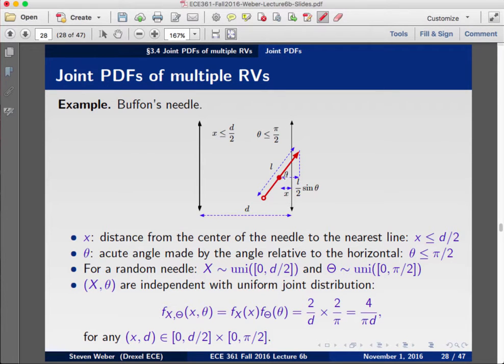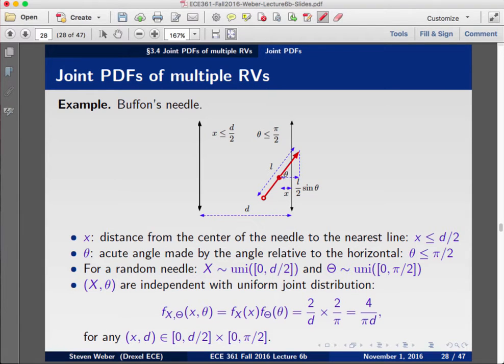Now, the other parameter is theta, and that's the angle made by the orientation of the needle relative to the horizontal line. The key observation then is that I can look at this triangle here, and I see that this hypotenuse has length L over 2.